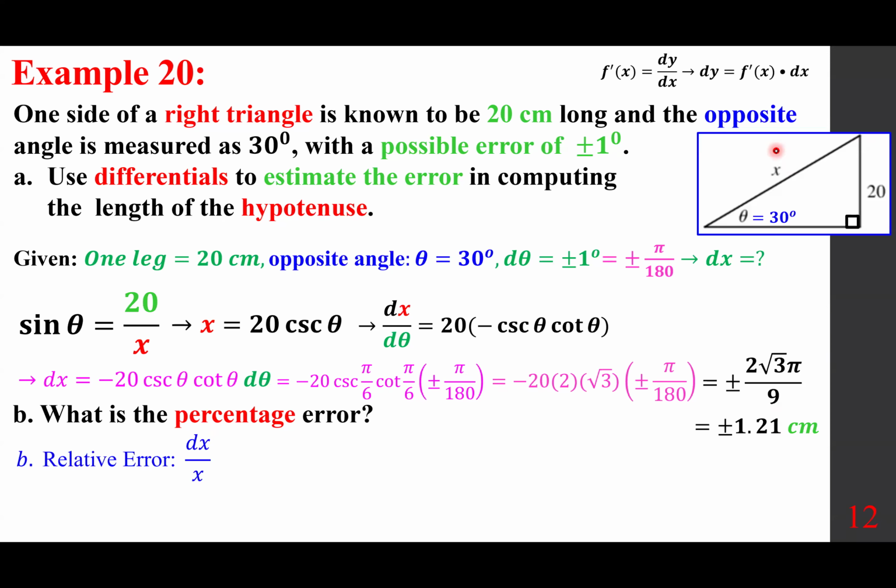So dx, you can use this, but if you want to go with the exact, you can put this one or this one.